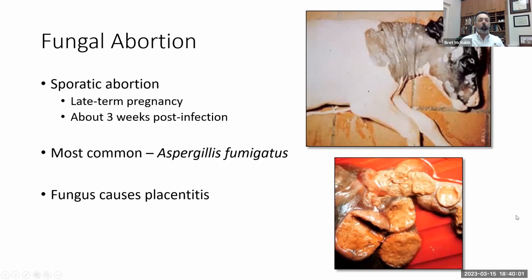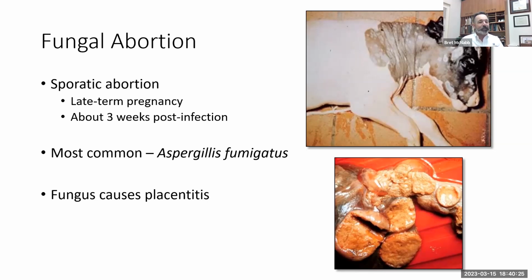Okay. One thing I just want to mention is that we do see fungal abortions that will cause a really thickened, nasty placenta, just like a bacterial infection would. But we also will see these plaques that form on the fetus's skin. It almost looks like ringworm, right? Because it's a fungal infection of the fetal skin and of the placenta.